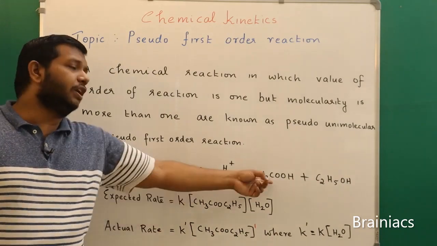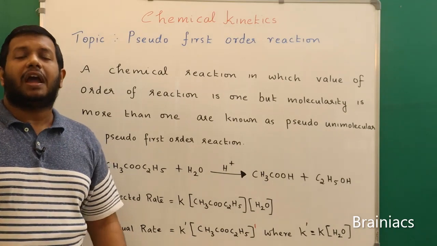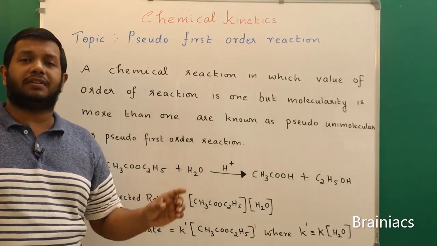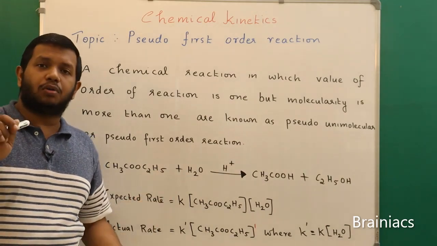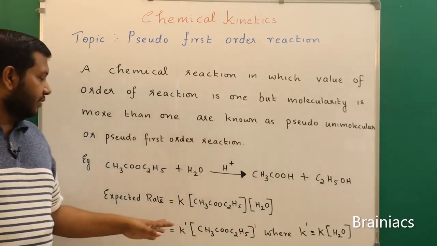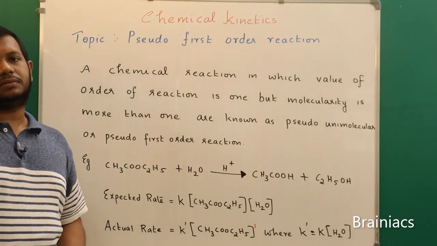Hydrolysis of ester will yield carboxylic acid and alcohol. Okay, and you should write there clearly that since water is present in excess, its amount or its concentration is taken as constant. So that's the reason why the actual rate law becomes like this. Okay.